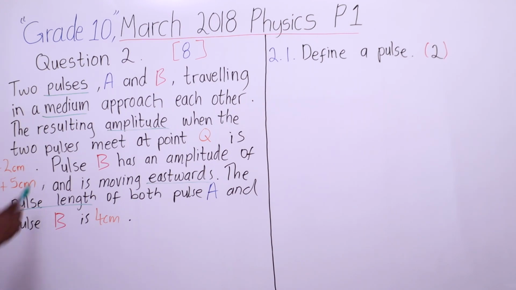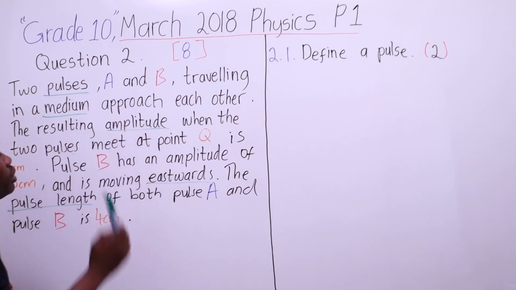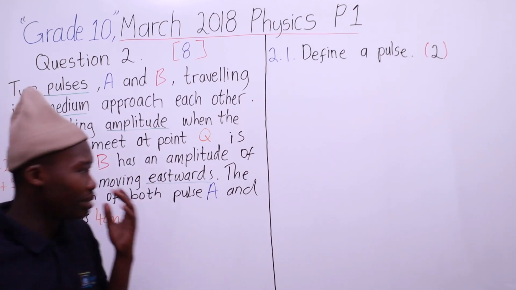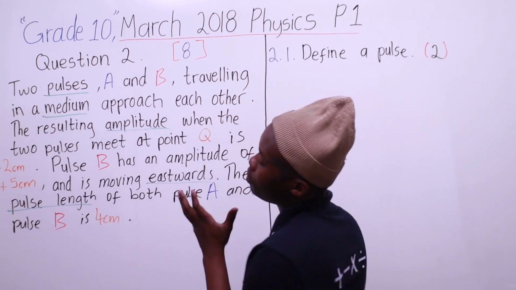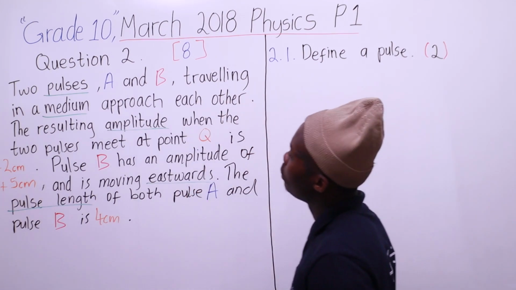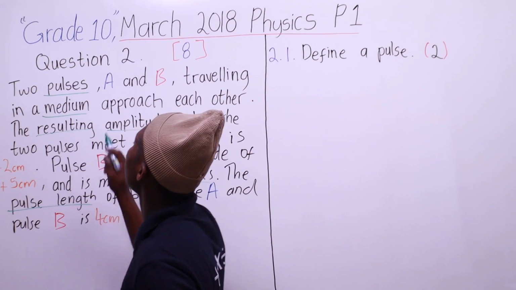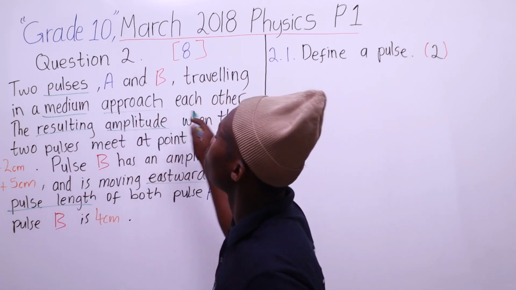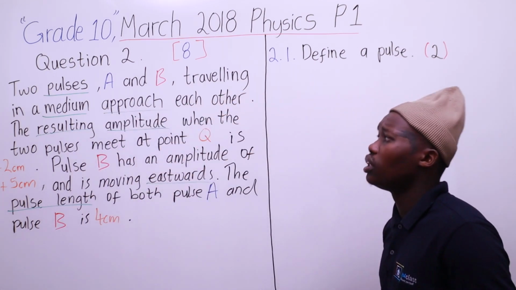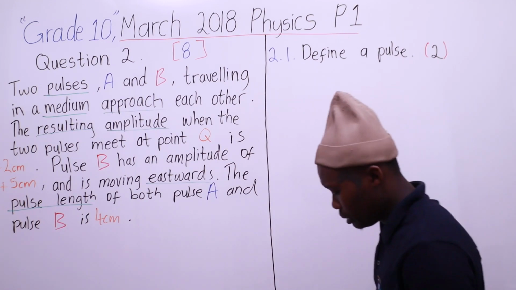Okay, so: pulse, medium, amplitude, eastward, pulse length. Maybe also resulting, and we can explain approach. Yeah, so 2 pulses.